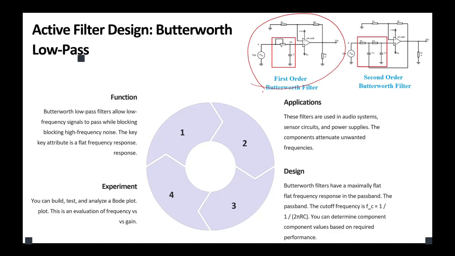Here we have a more complete circuit, but this R and C basically shape the cutoff frequency. Then after that, the op amp buffers the signal and keeps it strong.